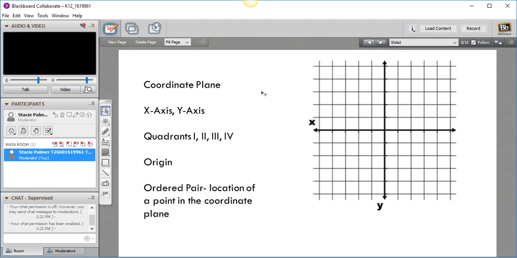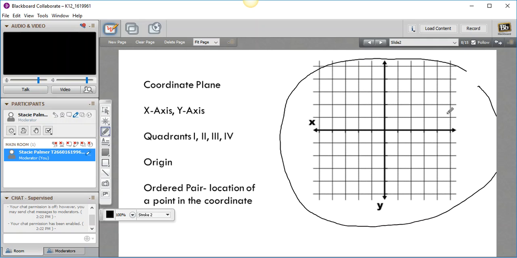Okay, so when we talk about a coordinate plane, we're talking about this, okay? And it's really important that you guys know how to use the vocabulary that is associated with the coordinate plane. Okay, so we're going to talk about each of these things. I bet that you know a lot of them already, okay?